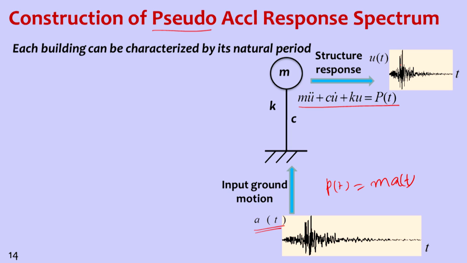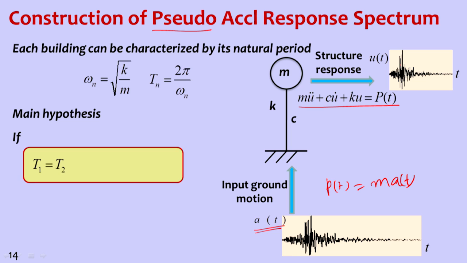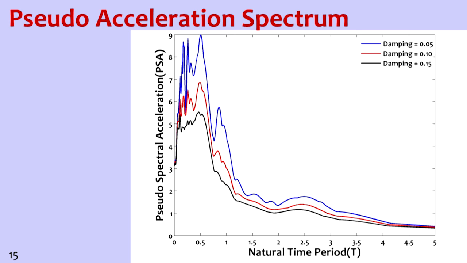Now what we do is we get the response for many structures like that, and then use the concept of this spectrum. For a given El Centro ground motion and different damping values, we have plotted this response spectrum for acceleration. You can see the black one is for 15% damping, the red line is for 10% damping, and the blue line is for 5% damping.